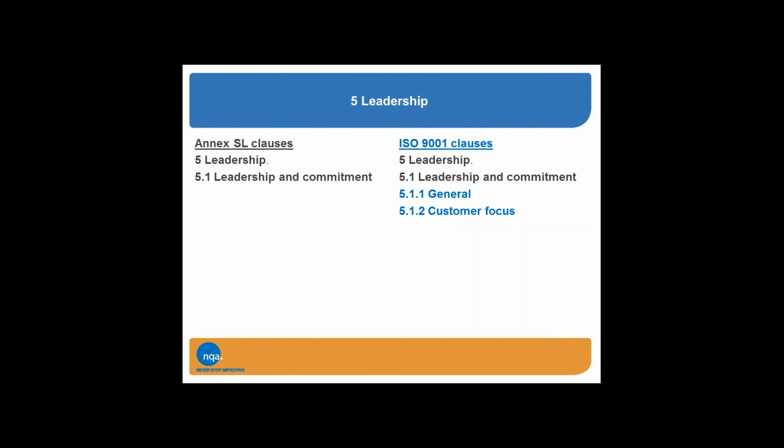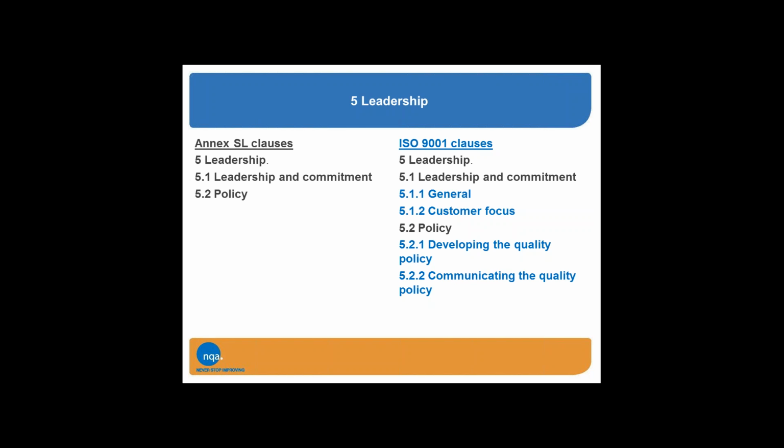However, within 9001 we do have some subheadings, and this is allowed within the specific sector standards to introduce further subheadings. And we see straight away the requirement 5.1.2 for customer focus. That is unique or specific to 9001, this customer focus.